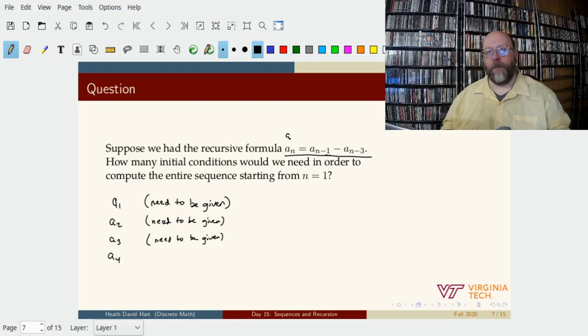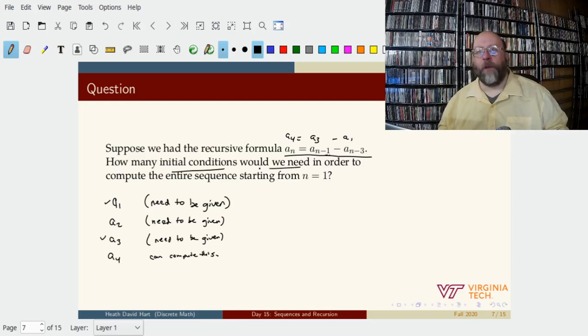A4 is A3 minus A1, and I have A3 and A1, and so I can compute this one. And so the question is how many initial conditions would we need? We need 3 initial conditions.